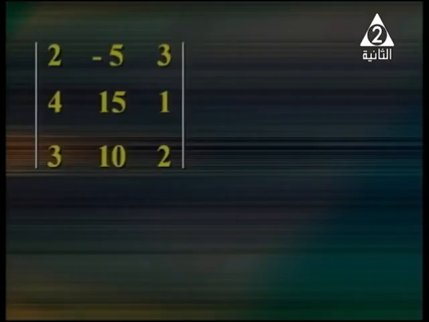What do you notice? Look at the second column. Negative 5, 15, and 10 have common factor 5. The 5 is a factor of the determinant.